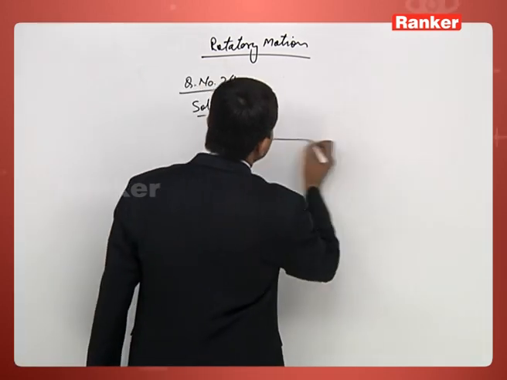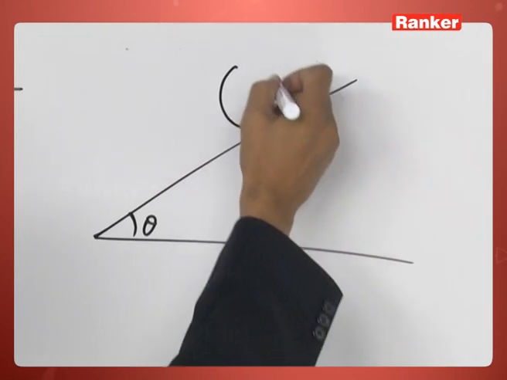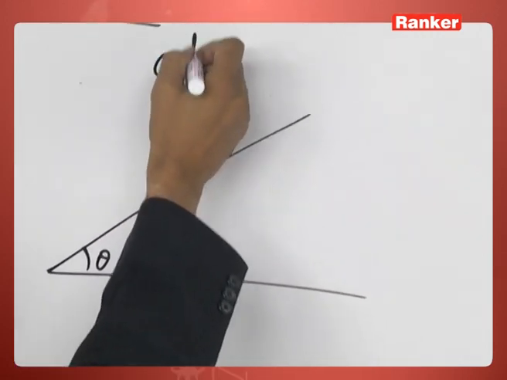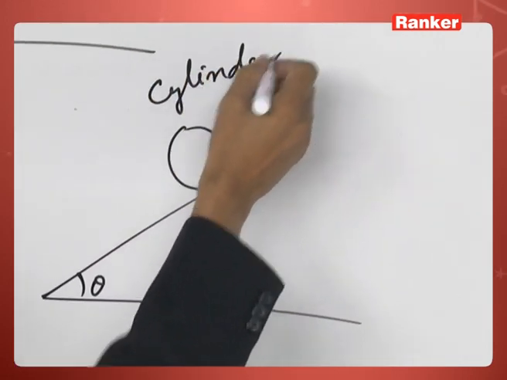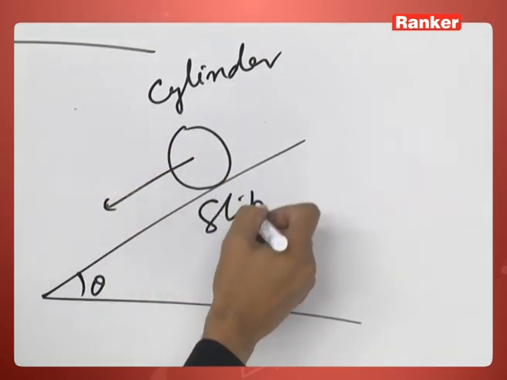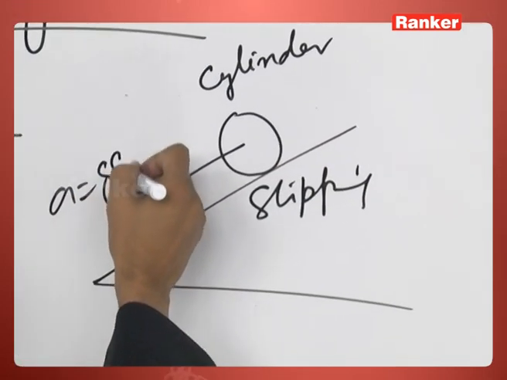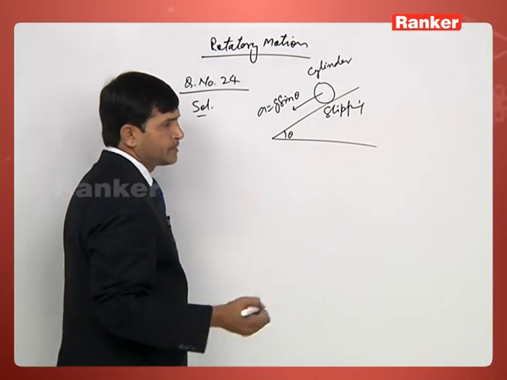So here a cylinder is given. Let theta be the inclined plane. This is the cylinder. When it is slipping, the acceleration A is g sin theta.